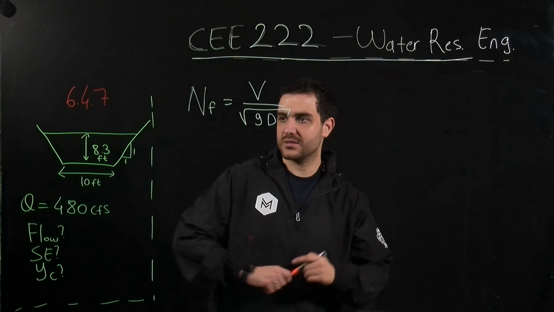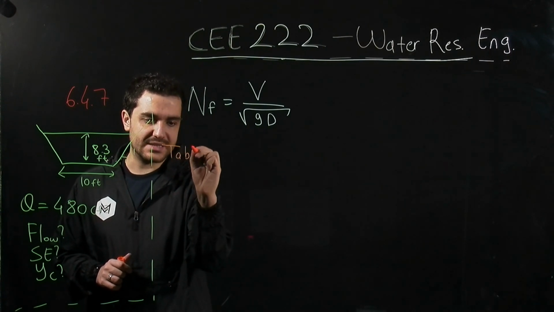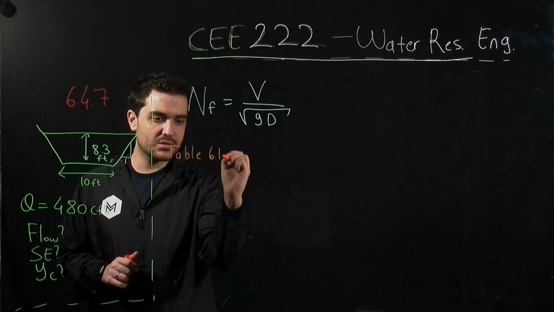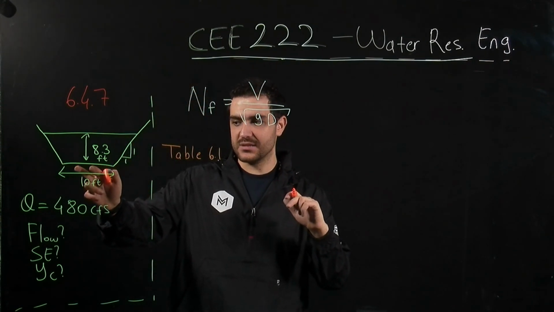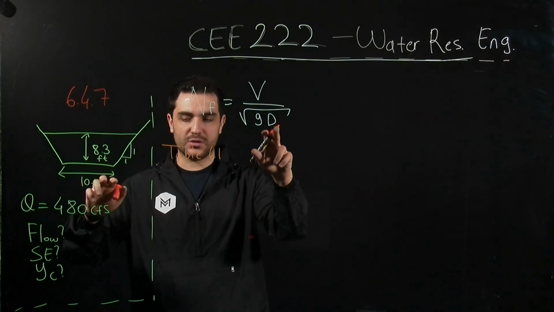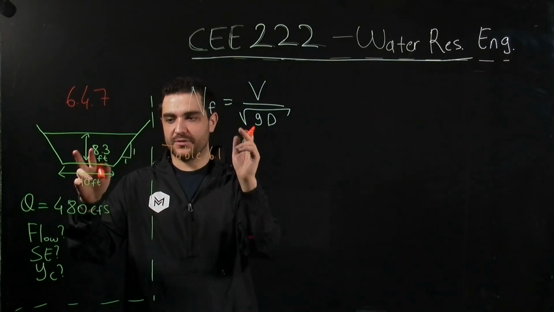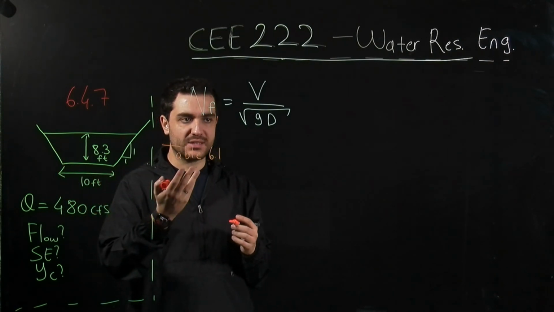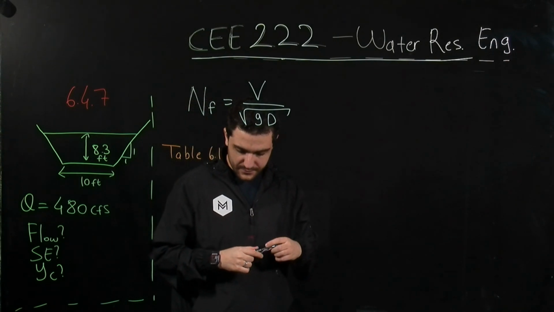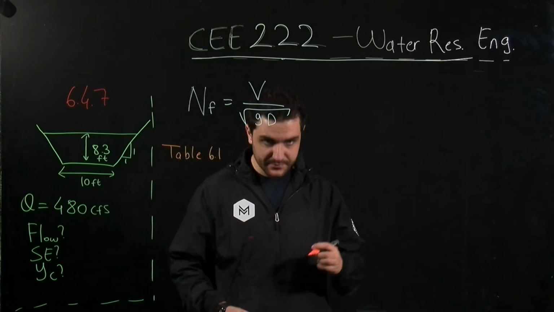At this point, you may need to check table 6.1 for the hydraulic diameter for trapezoidal channels, because it was only the water depth for rectangular channels, but for trapezoidal channels we will have different hydraulic diameters.